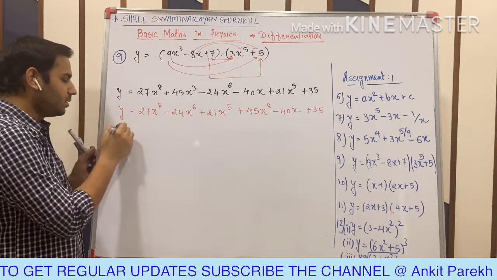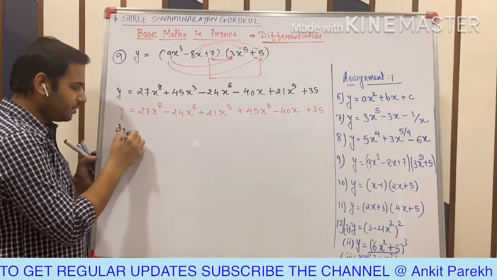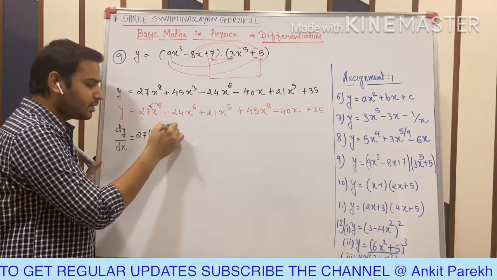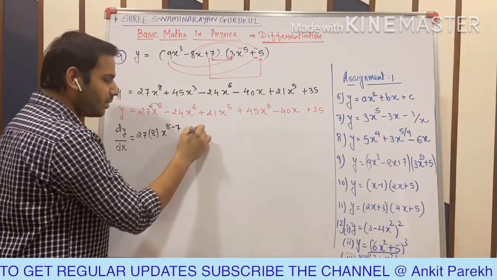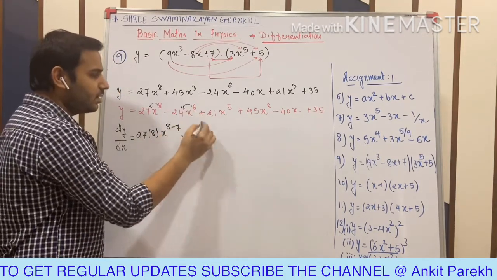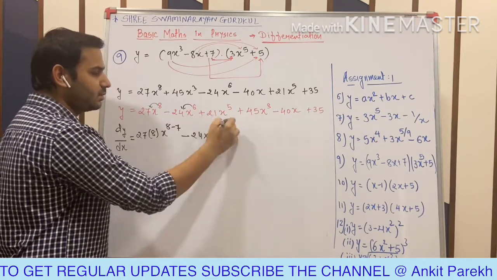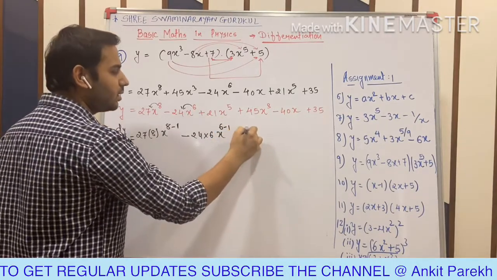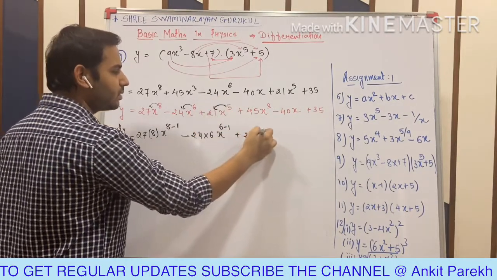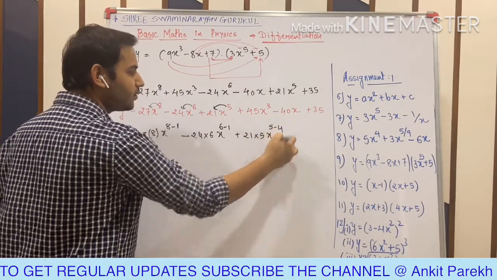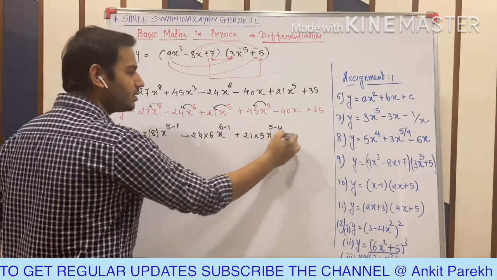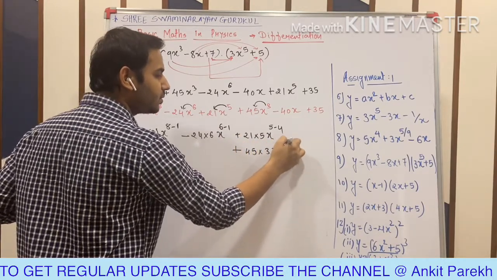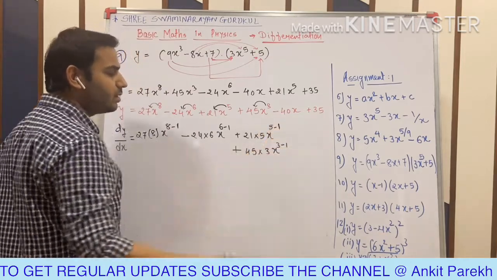Same method, dy by dx is 27 as it is, this is 8, x raised to 8 minus 7 minus 24 as it is into 6, x raised to 8 minus 1, 6 minus 1, then 21, this 5 multiply with this 5, x raised to 5 minus 4, then this 3 multiply with this 45 into 3, x raised to 3 minus 1, 5 minus 1.